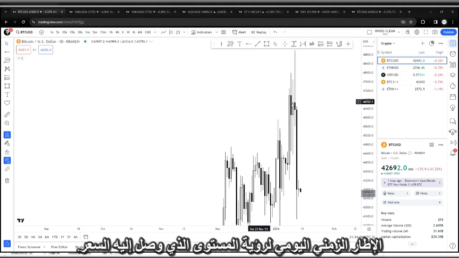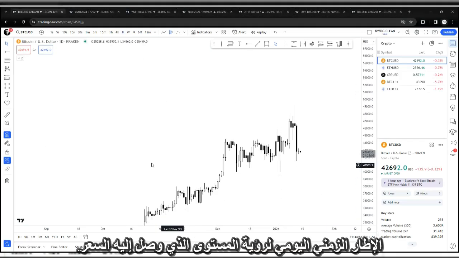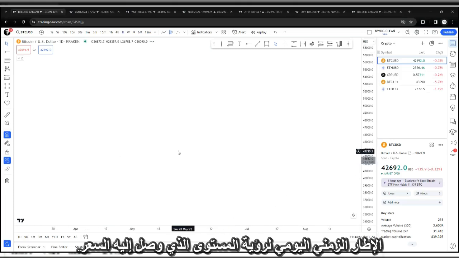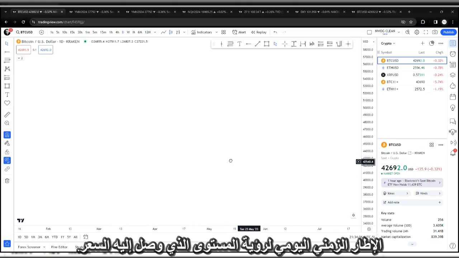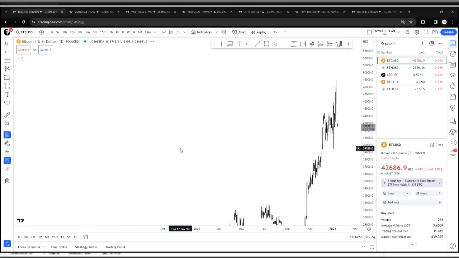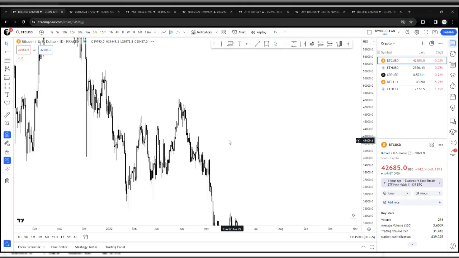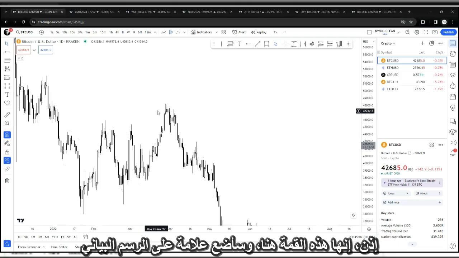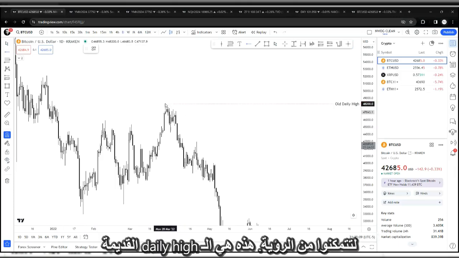So we'll go to the daily time frame to see the level which price tagged. So it's this high over here. And I'll just put the lipstick on the chart so you can see.